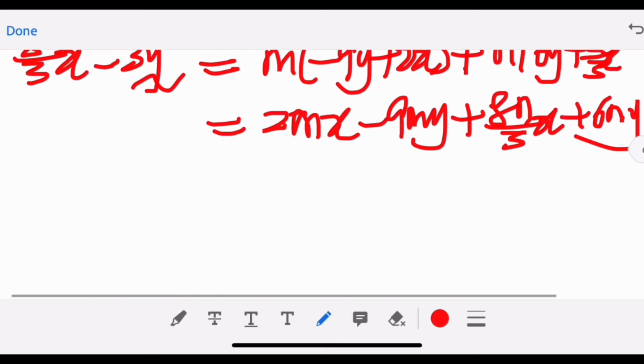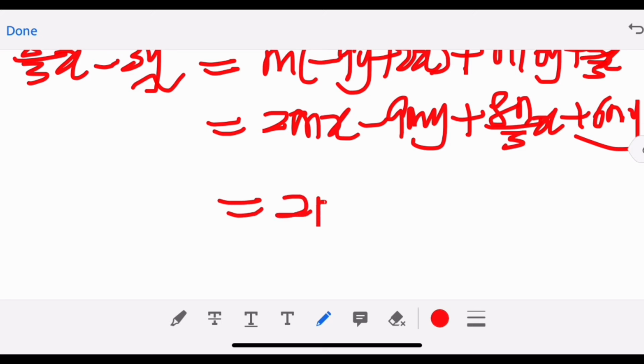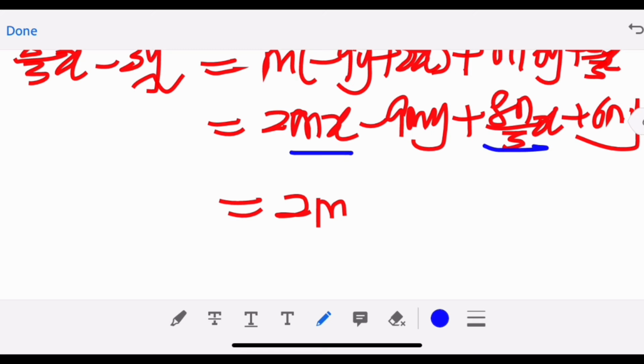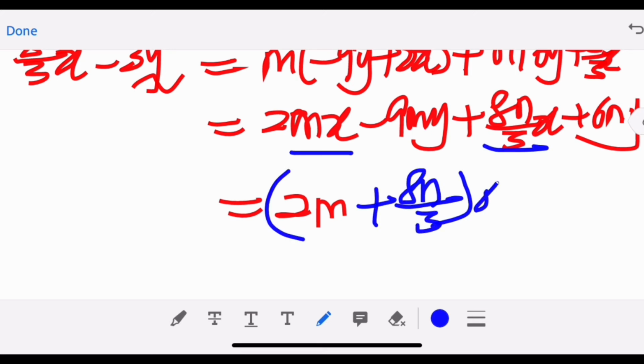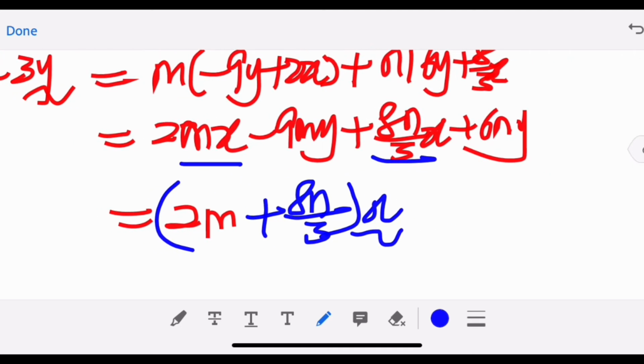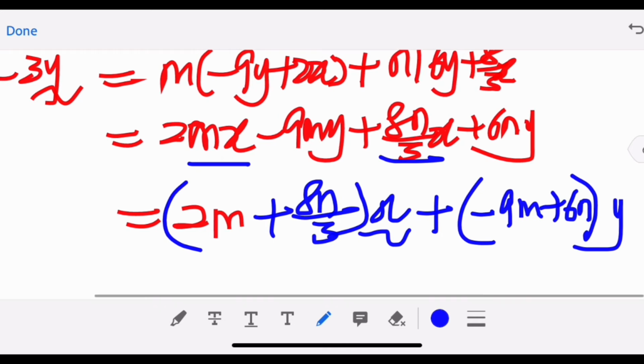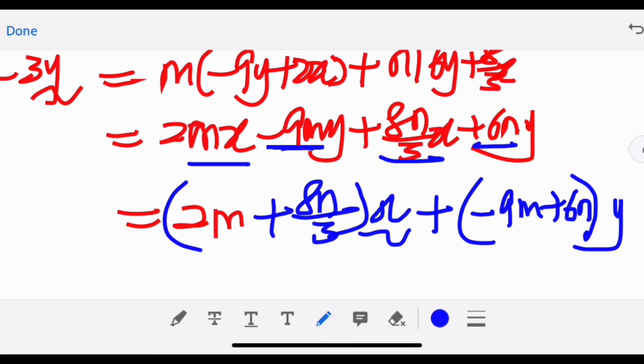Finally, we will arrange so that the x, we will take out the constant. We factorize the vector x, and then for the y, we will write minus 9m plus 6n. Okay, so we will just focus on the constant.